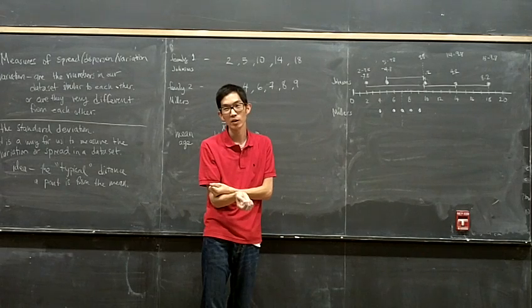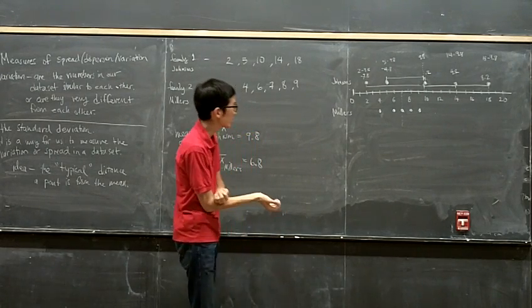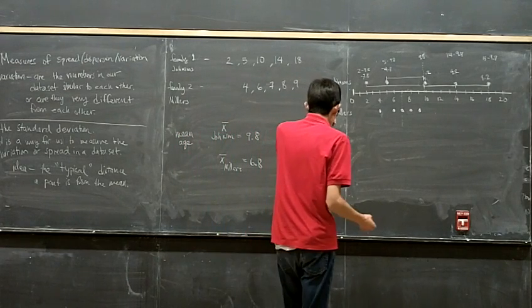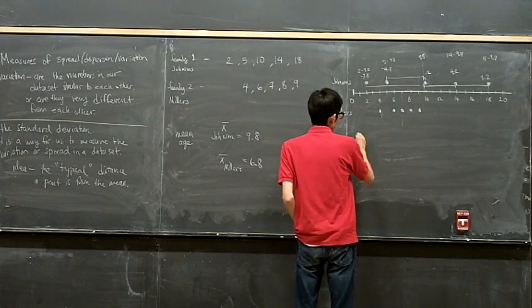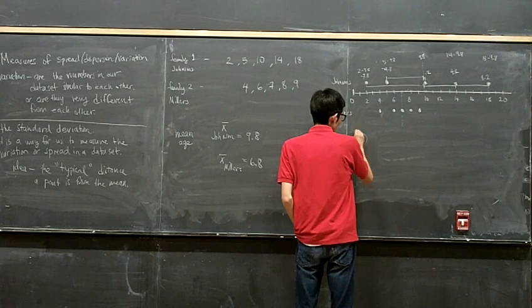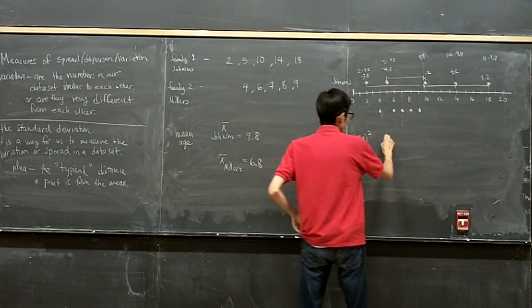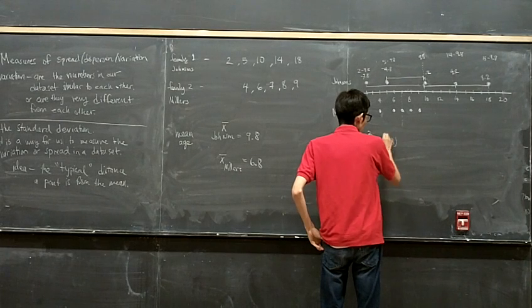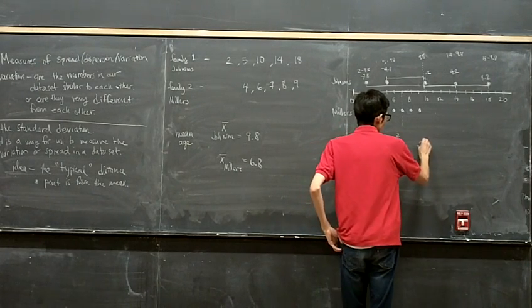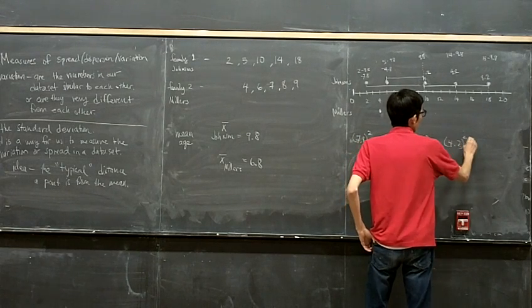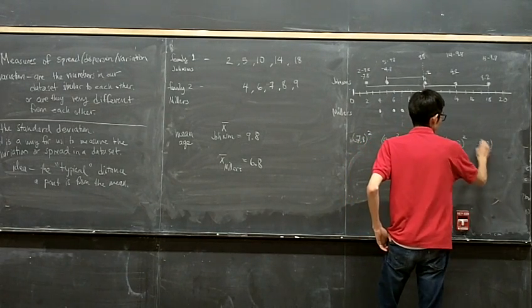Multiply it by itself, right? So we're going to square each number. I'm going to do 7.8 squared, and 4.8 squared, and then 0.2 squared, and 4.2 squared, and 8.2 squared.